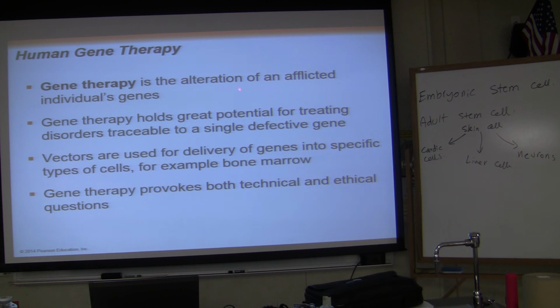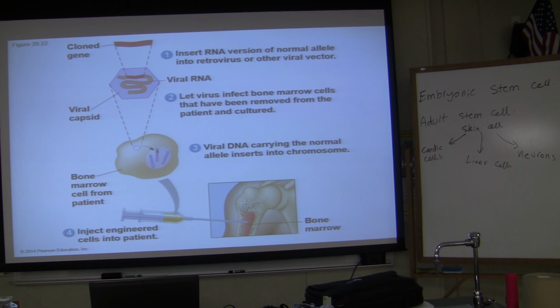Gene therapy is alteration of an afflicted individual's genes. Yes, gene therapy holds great potential for treating disorders traceable to single defective genes. Vectors are used for delivery of genes into specific types of cells, for example, bone marrow. Gene therapy provokes both technical and ethical questions as well.